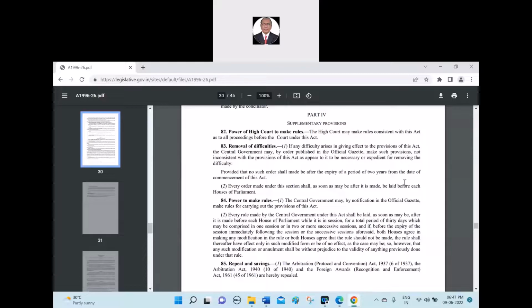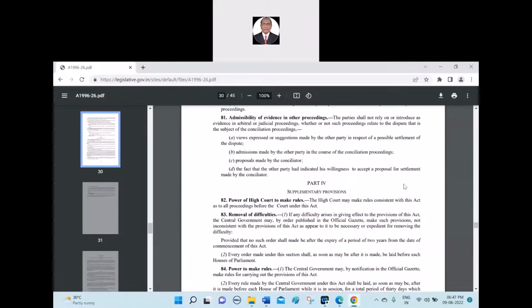So that is the saving clause. So how many parts are there? On the screen it will be clearly seen. Four, sir. You could easily see it.